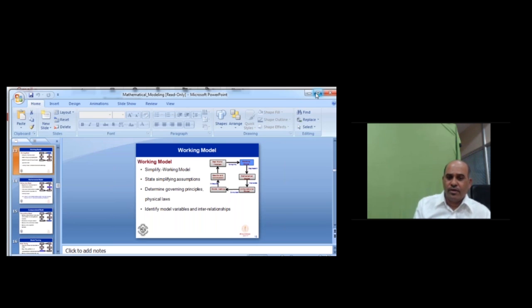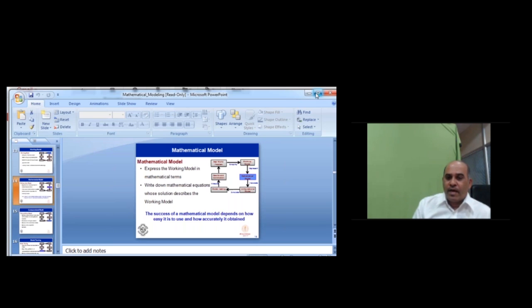After that, express the working model in mathematical terms. Write down the model in differential equation form. Visualize what the initial condition is, because a differential equation cannot be solved without an initial condition. Decide whether to write the differential equation at steady state values or whether it is nonlinear. You have to decide based on how exactly you understand your real world problem.